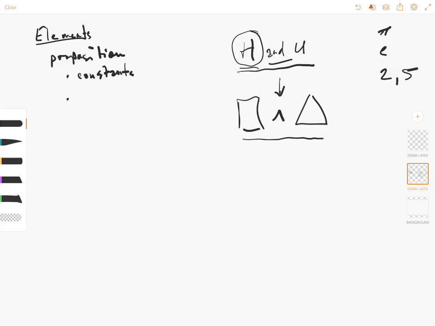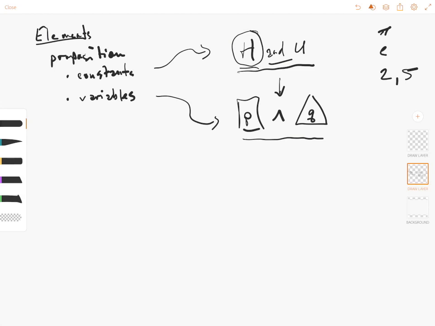But for convenience, we can also represent propositions by variables. So when we're using constants, we normally use capital letters like H and capital U. But when we use variables, we typically use lowercase letters beginning with P, just a tradition or a convention.